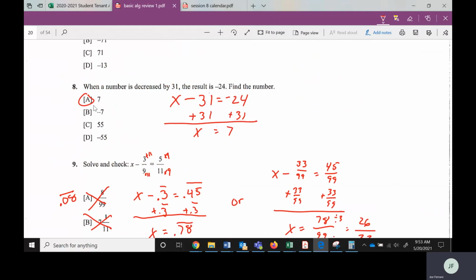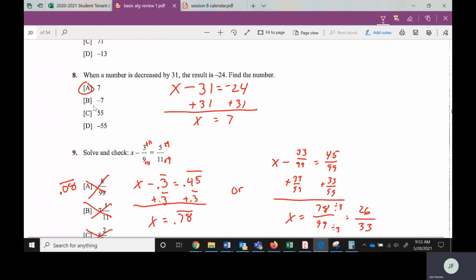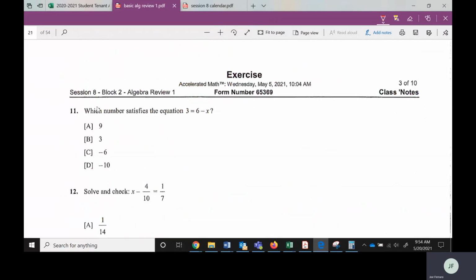Next is number 11. Now, there is a way to do this with algebra, but what gets a little confusing here is the negative in front of the X. I think for now, with these type of problems where it says which number satisfies the equation, it's going to be fastest for you just to do a guess and check.